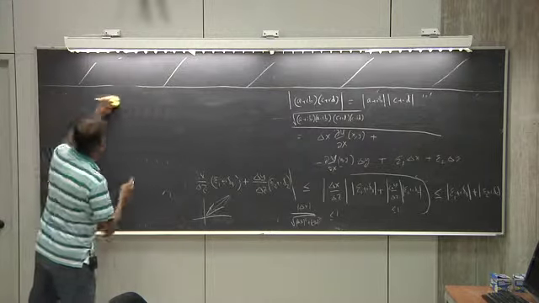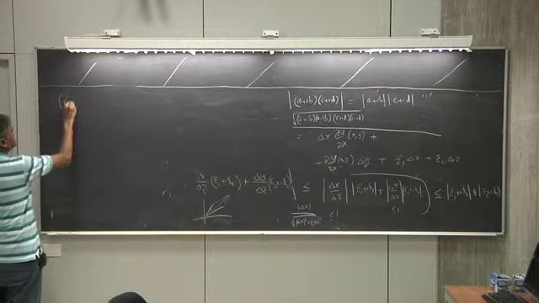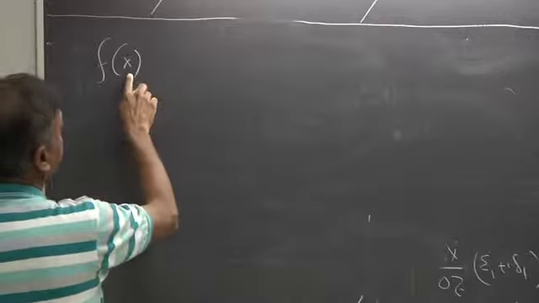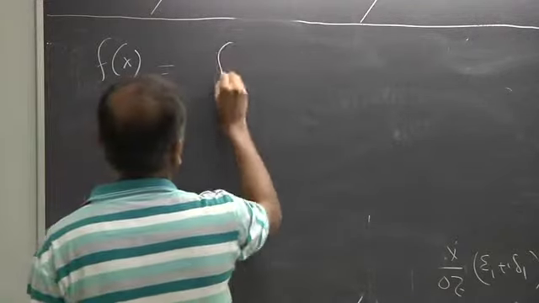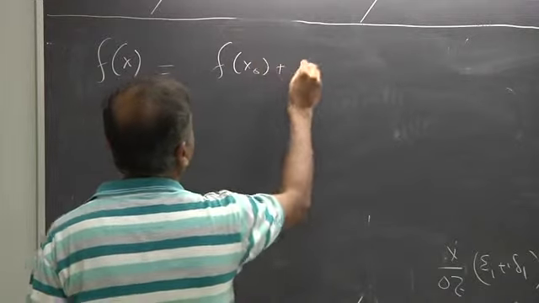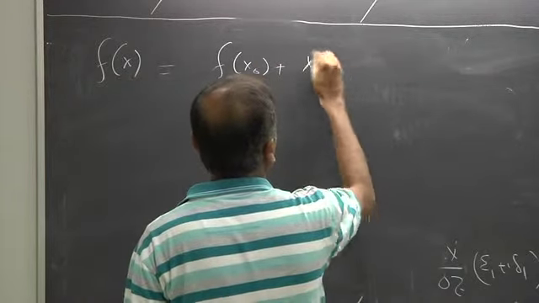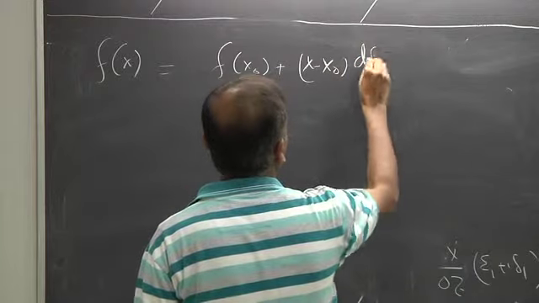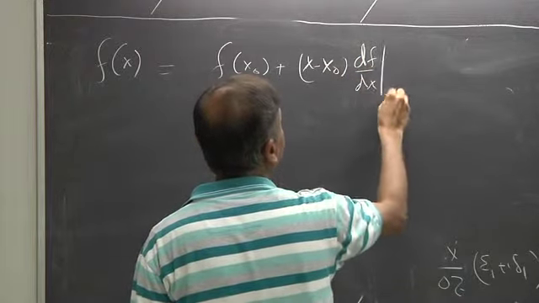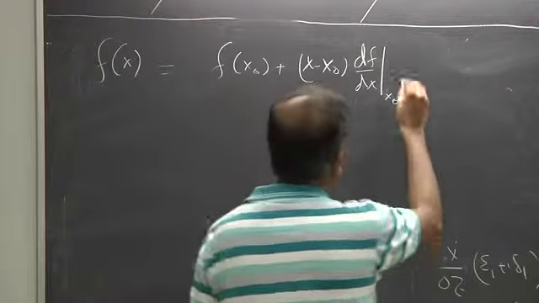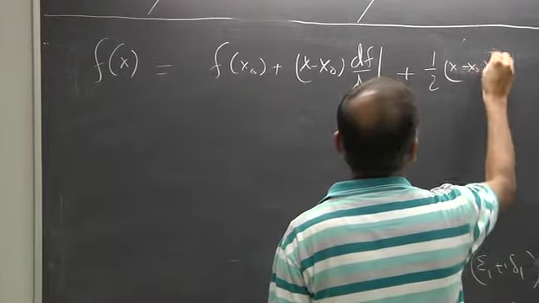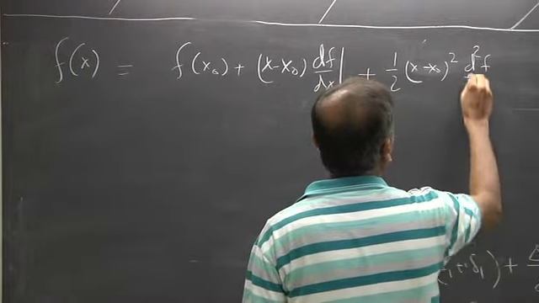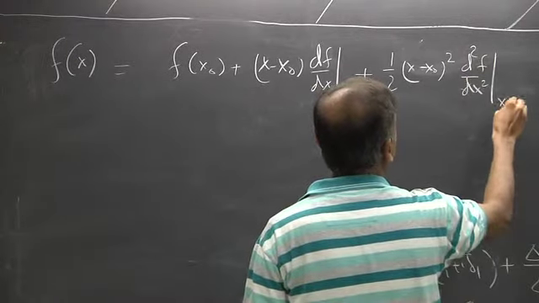So what is a Taylor expansion? If it's a function of one variable, you can Taylor expand around some point x naught, right? And the way you do it is f of x naught plus (x minus x naught) df by dx at x naught, everything evaluated at x naught, plus 1/2 (x minus x naught) squared d2f by dx2 at x naught, and so on.